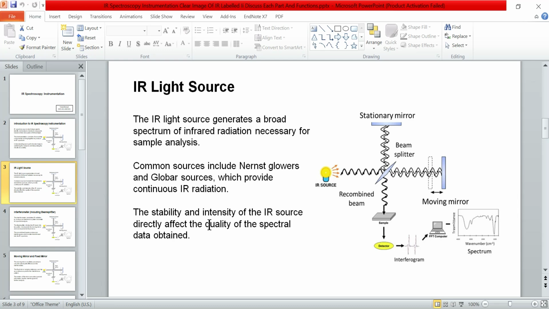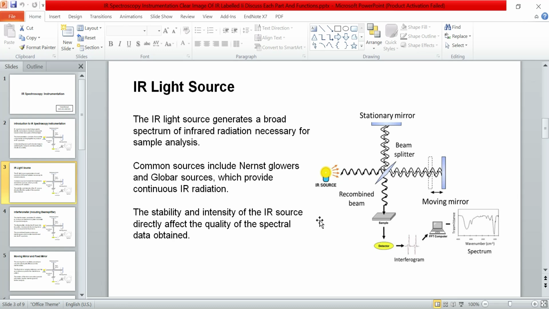So the stability and the intensity of the IR source directly affect the quality of spectral data. The intensity is very important. When we have less intensity, when we do not have powerful, energetic electromagnetic radiation, we cannot easily get an accurate, effective and clear spectrum of that compound.